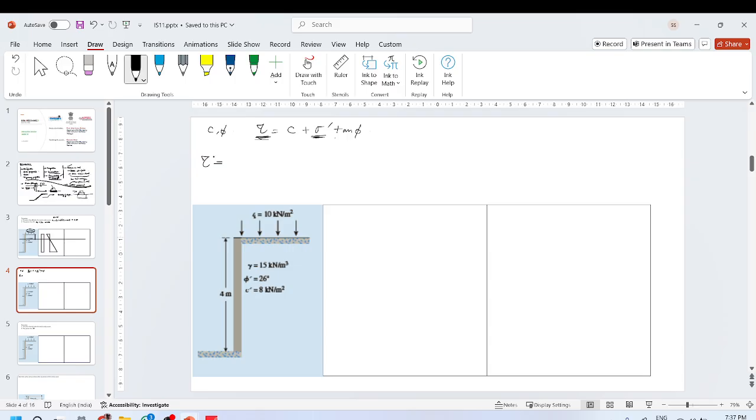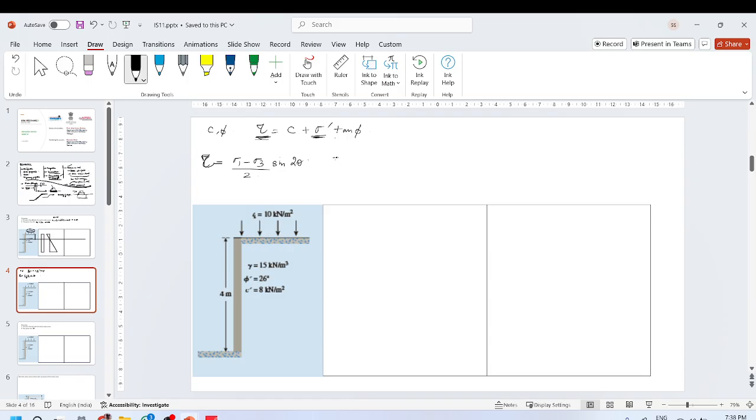Tau is sigma 1 minus sigma 3 by 2 into sine 2 theta.